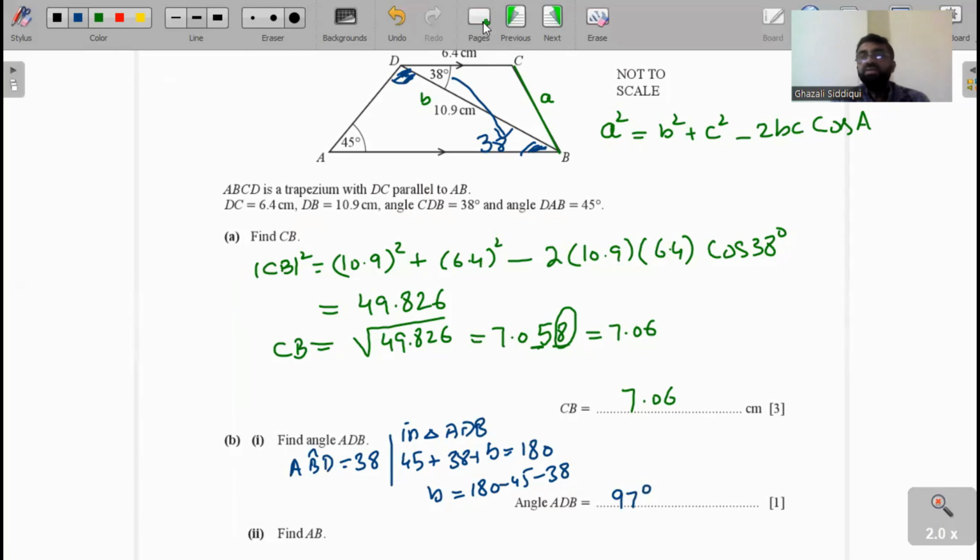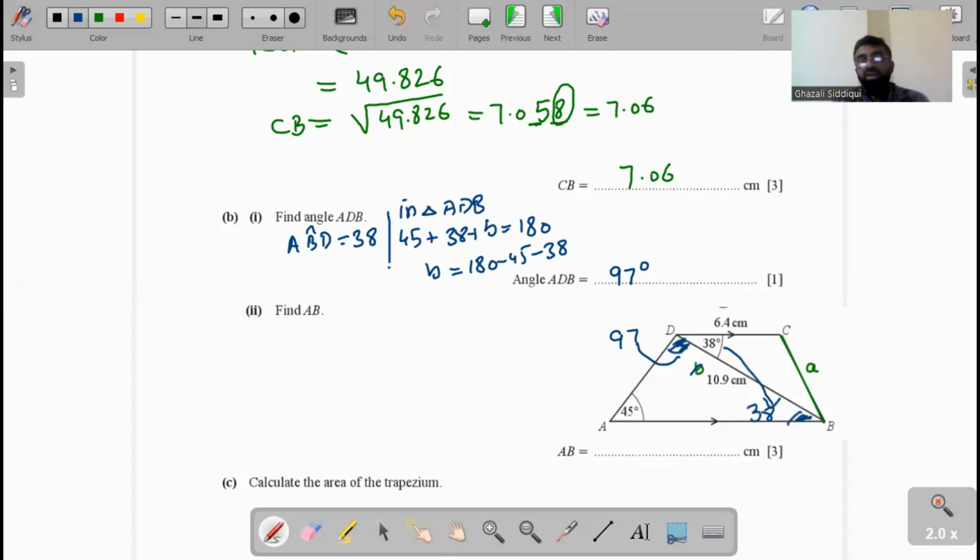Now next part. To find AB, we see that the AB side exists in the triangle ADB. In triangle ADB, the angle B is 38 degrees given, the angle D is 97 degrees given, and the length DB is 10.9, and this length AB we have to find. If we have two angles and two sides in relation, we use the sine rule.